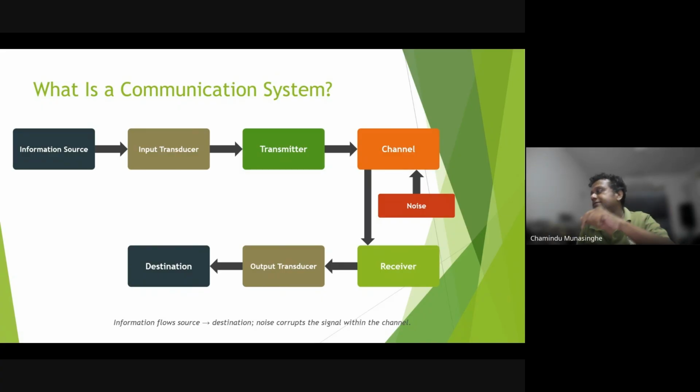And then we have a receiver, an electronic circuit, or optical circuit in the case of fiber, that receives it and converts it to an electrical signal, and then an output transducer conveys it to the destination.